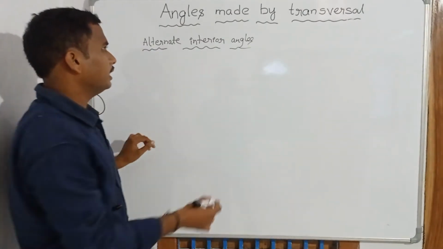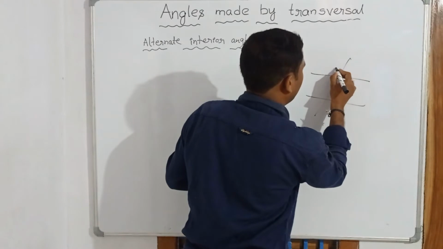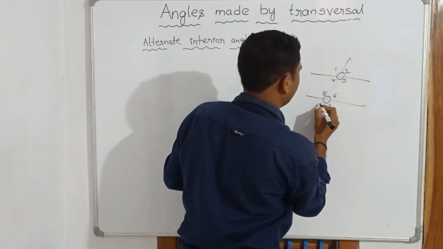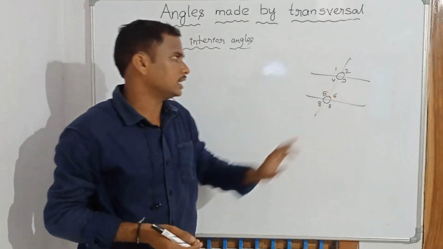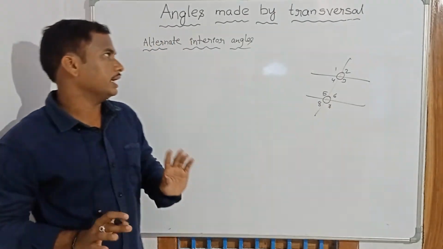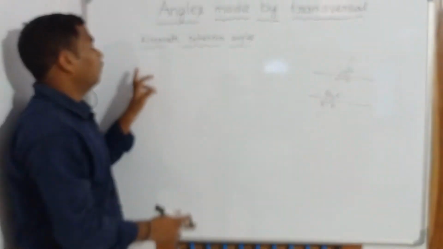We know interior angles. For example, in this figure, 1, 2, 3, 4, 5, 6, 7, 8. What are interior angles? 4, 3, 5, 6 are interior. 1, 2, 7, 8 are exterior. Interior angles, okay: 4, 3, 5, 6.